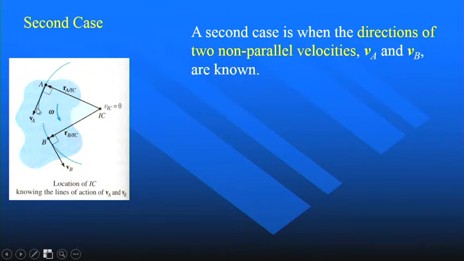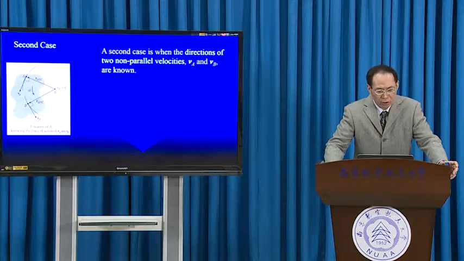And these two velocities are not parallel. So here I call them the directions of two non-parallel velocities. We know the two directions of the velocity. In this condition, how can we determine the IC?